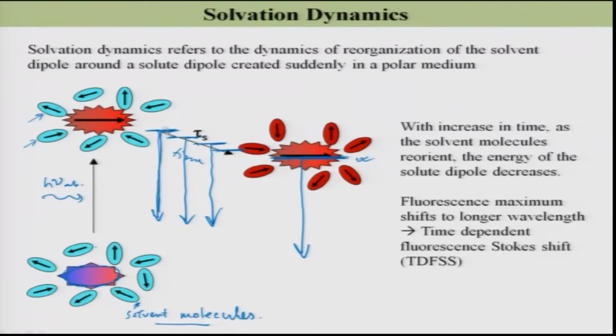Obviously, this one will be blue shifted and this one will be red shifted. That means this emission spectrum will be of higher energy and this one of lower energy.